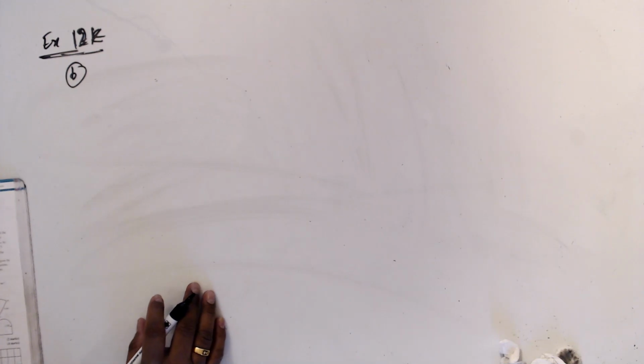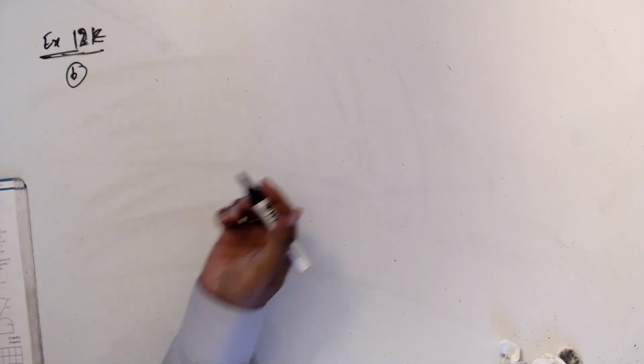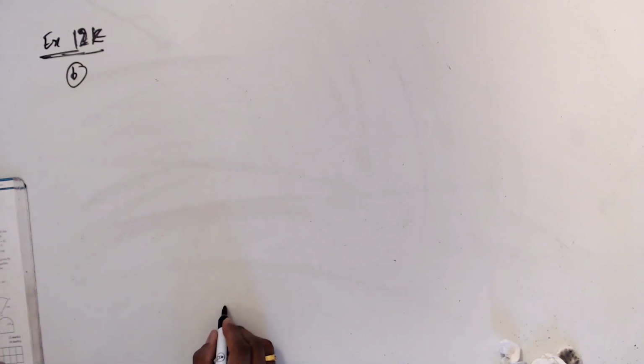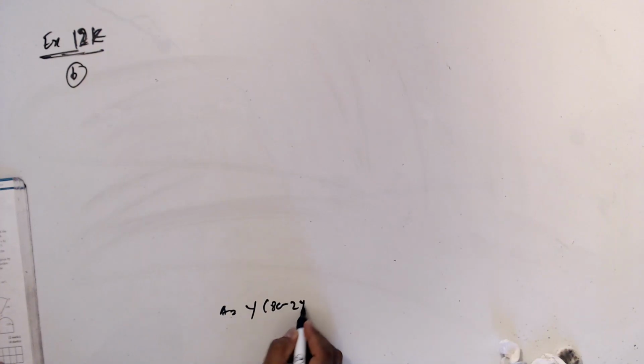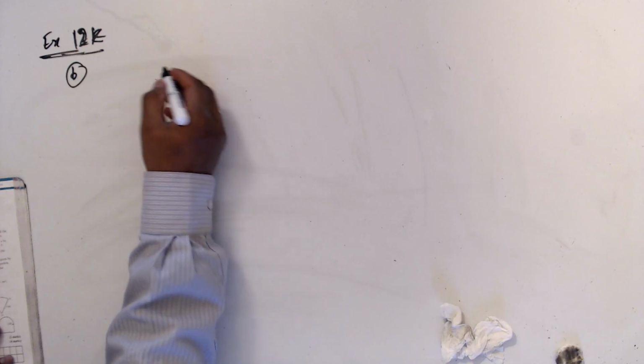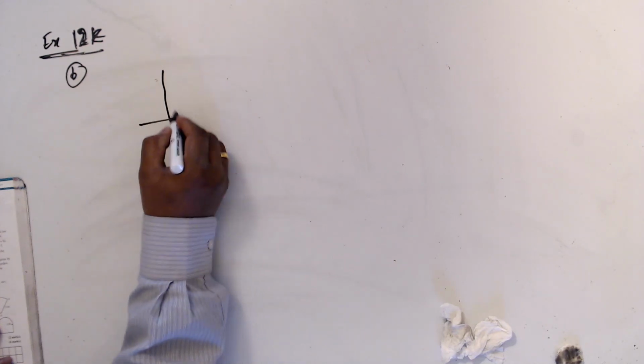Question number 6. When you read the sum, after you get an idea, you can see that we want to show that A equal y times 80 minus 2y. So this one we want to show. We don't need to worry about these other things. First of all, we want to see what is going on. Okay, there is a house.